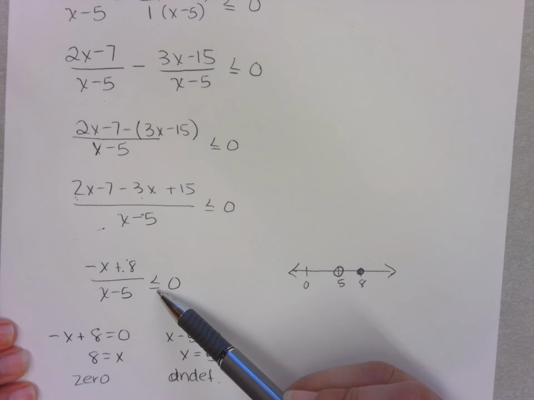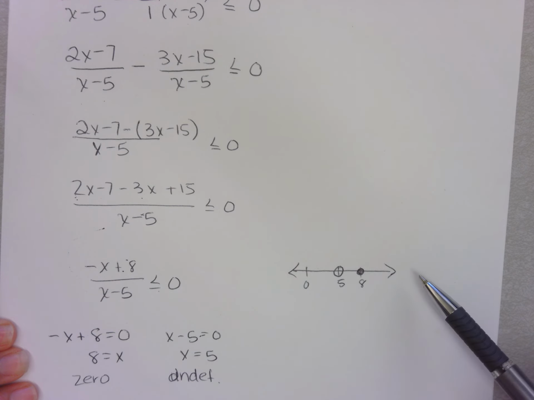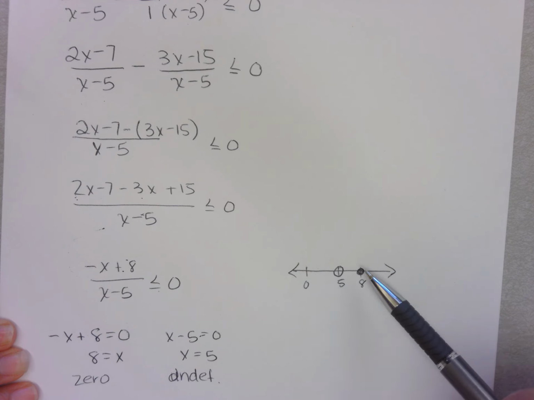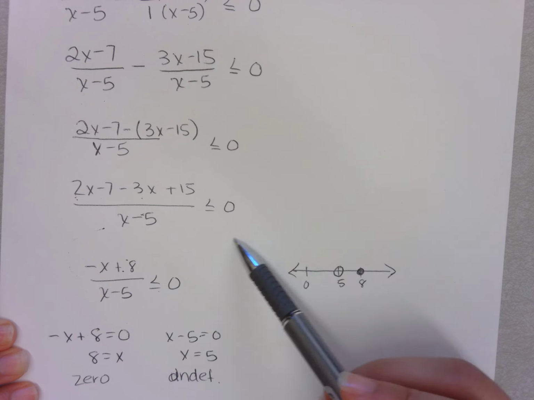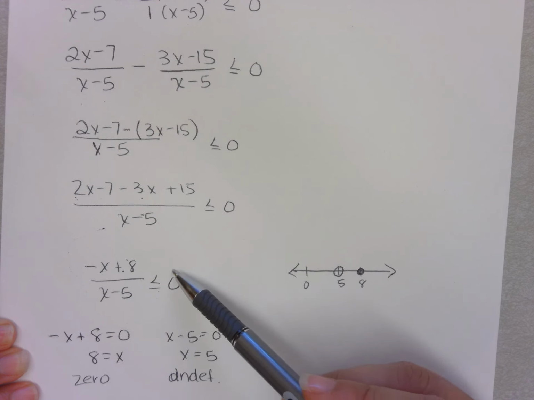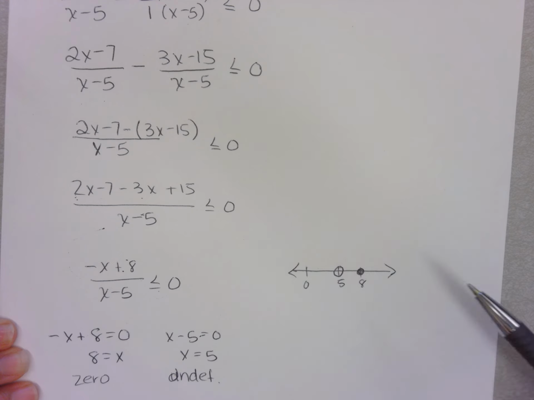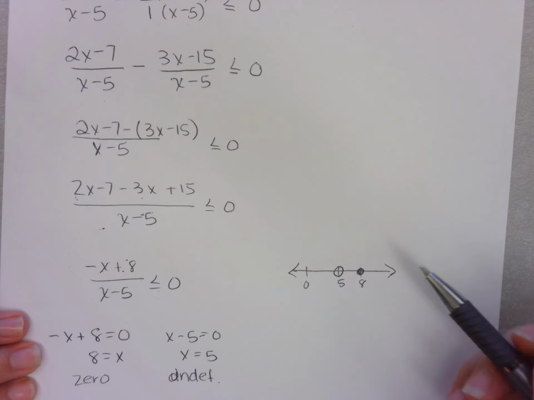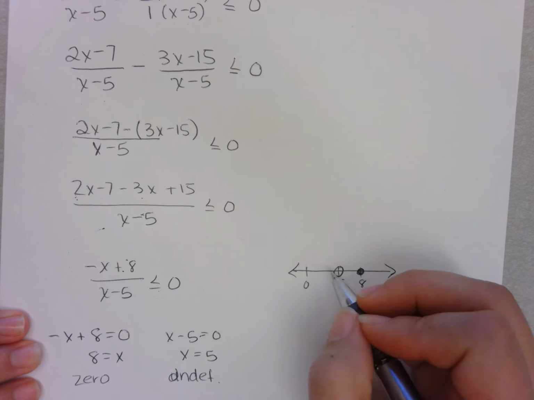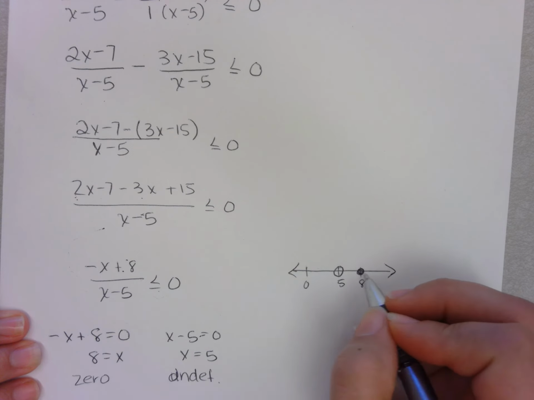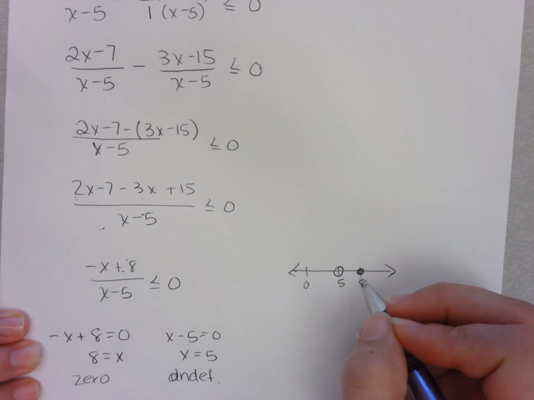So now I'm looking again at my sign. This is less than or equal to 0. What I'm going to do is just like a quadratic inequality, I'm going to test a point in each one of these intervals. And because this is less than or equal to 0, I'm looking for the negative ones. I'm just going to write up here the different intervals, so these 2 points break my intervals into different pieces.